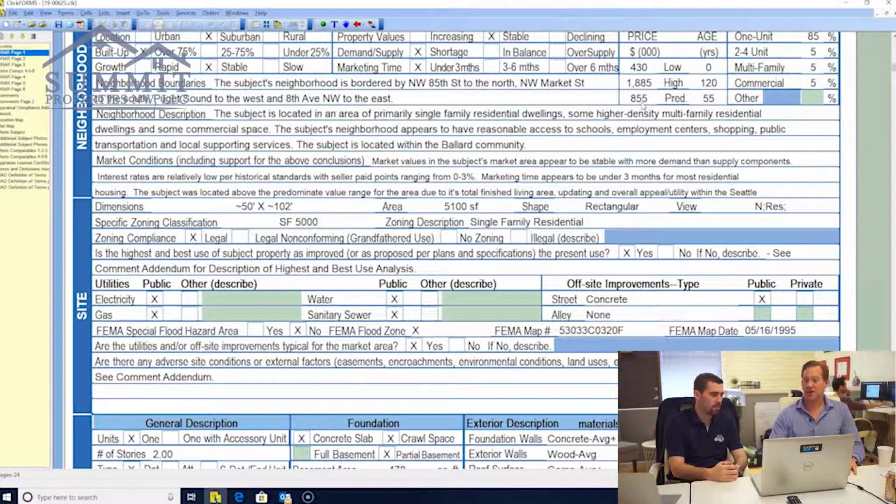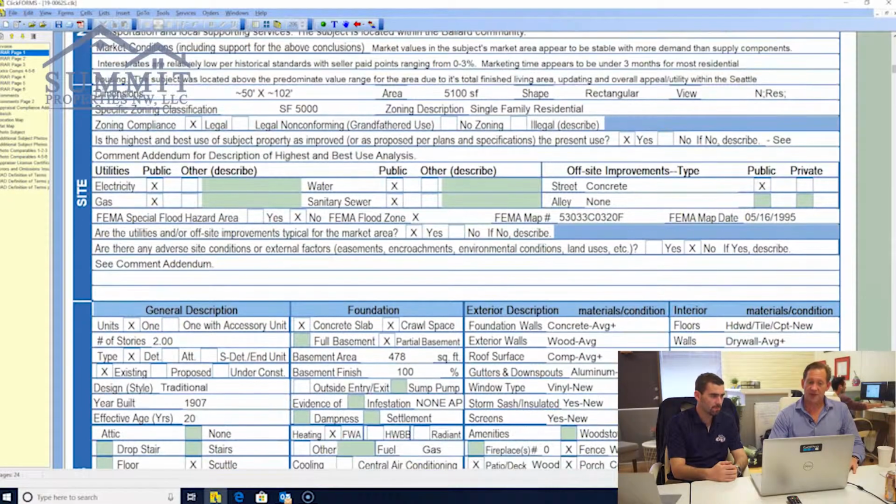You've got something that makes it super expensive relative to that marketplace, and you never want to be too far over the predominant, because then you've got a property that's tough to sell. Not to say that there aren't comps at whatever price the subject is, but the higher your value relative to the neighborhood, the tougher it is to sell.